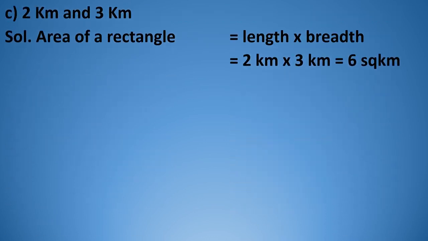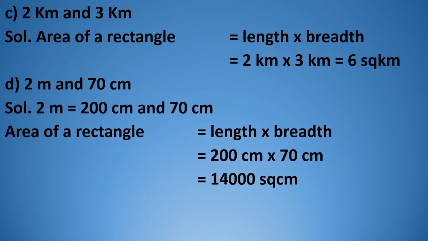C, 2 kilometer and 3 kilometer. Area of a rectangle equal to length multiplied by breadth. It is 2 kilometer multiplied by 3 kilometer, which is equal to 6 square kilometer. Answer will always be in square unit. D is 2 meter and 70 centimeter.